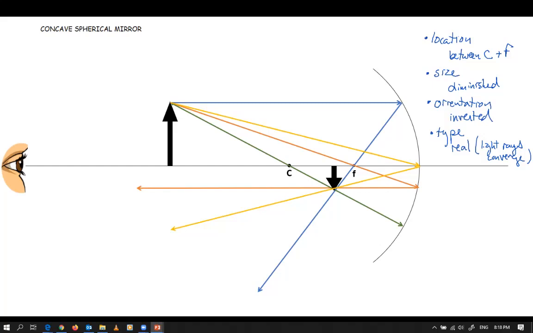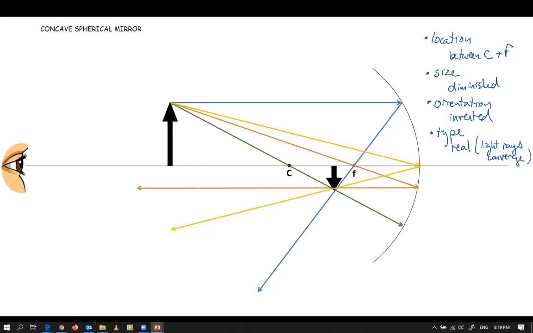And it turns out that this actually is common for any ray tracing diagram that you do where the object is outside of C. There are some special instances with these concave spherical mirrors where it's not exactly like this. If we put the object right at the center of curvature, you're going to see that the actual image is going to be right at C. It's going to be inverted still.